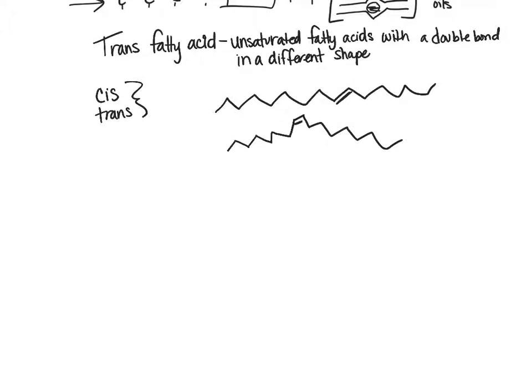There we go. So this formation here would be the cis formation. And these are the unsaturated fatty acids that we were just talking about. This formation would be the trans formation.